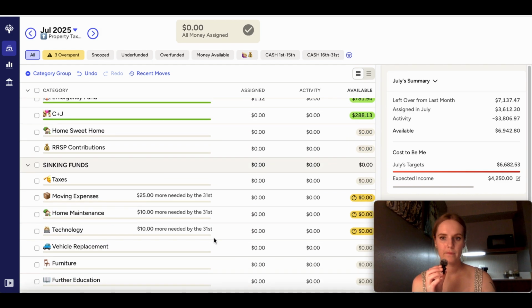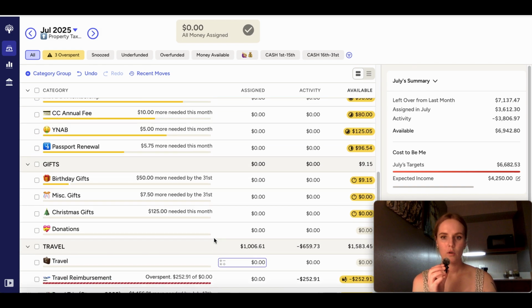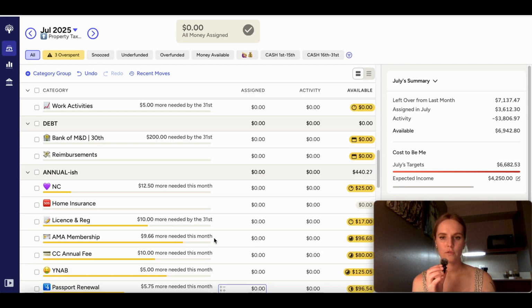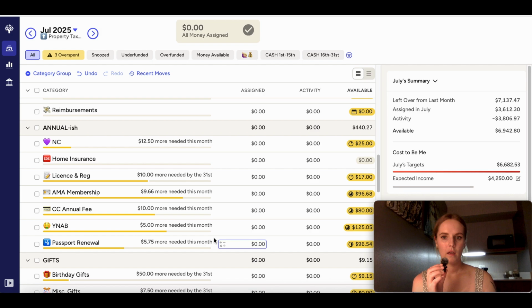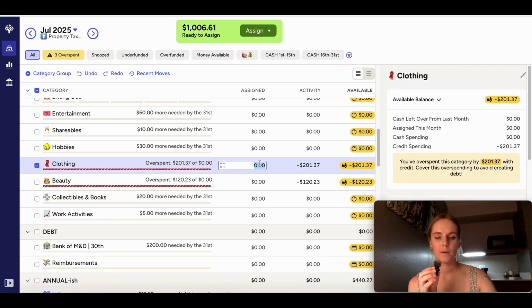And I can always pull from the trip money if there's something that needs to be paid with cash or from my checking account. So I think that, no, I totally forgot about the overspending. Silly.